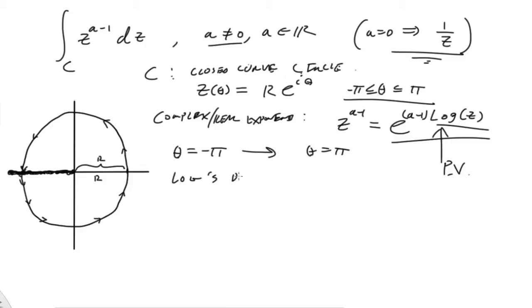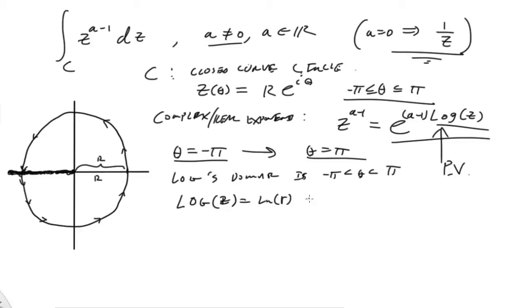So this log function's domain is negative pi to pi. At theta equal to negative pi and theta equal to pi, the log function of z is equal to the natural log of r plus i theta.